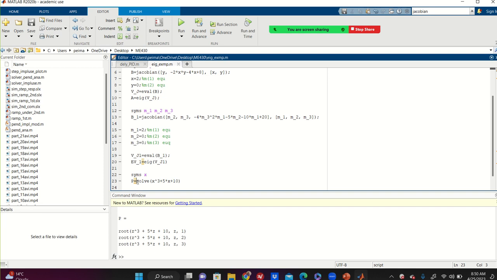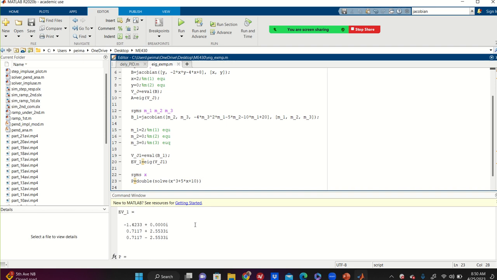You see that the eigenvalues of the linearized state space representation are the poles of the system in the frequency domain, in the Laplace domain. That's interesting, right?